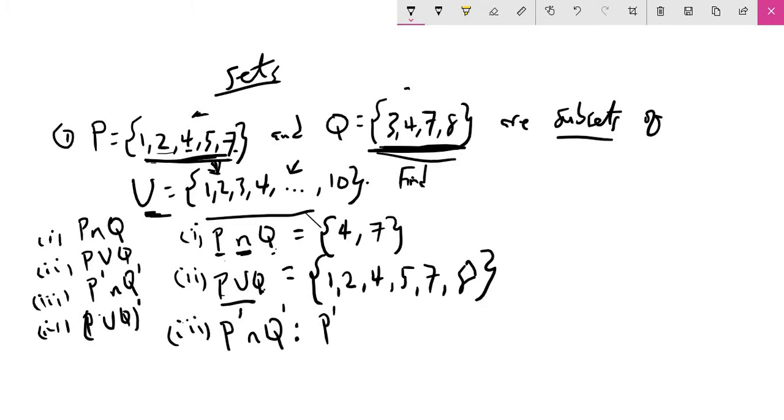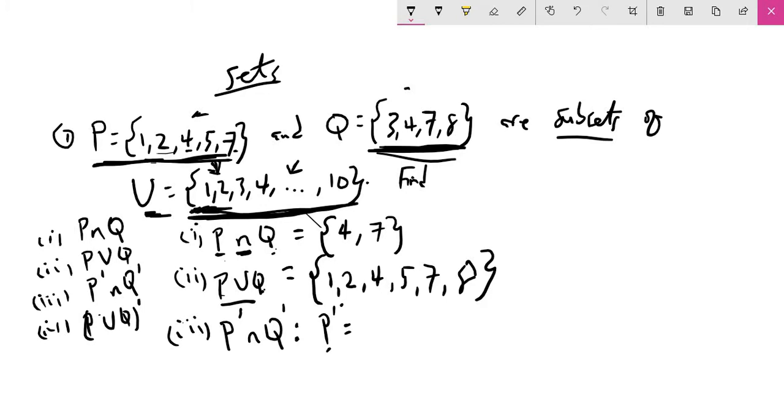P complement is basically all of the elements within the universal set that are not members of the set P. So think about it as not in P, but within the universal set.